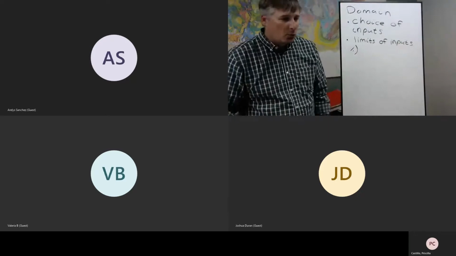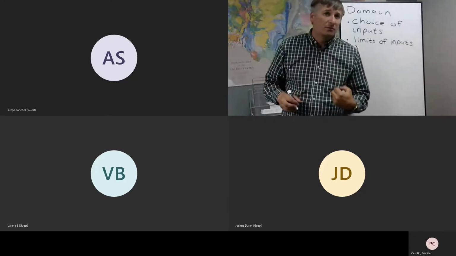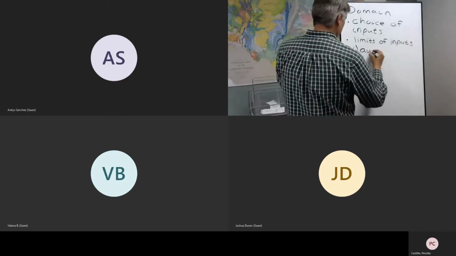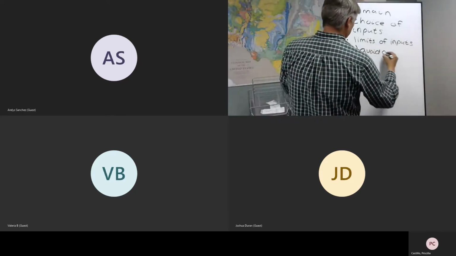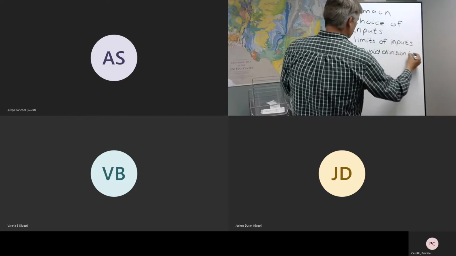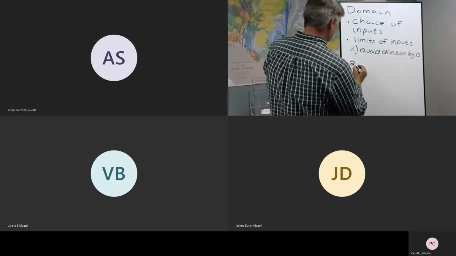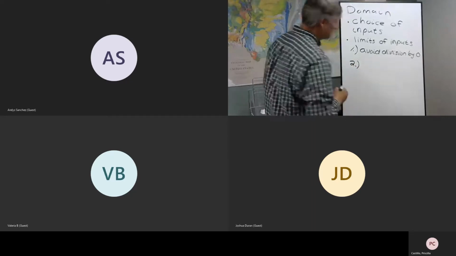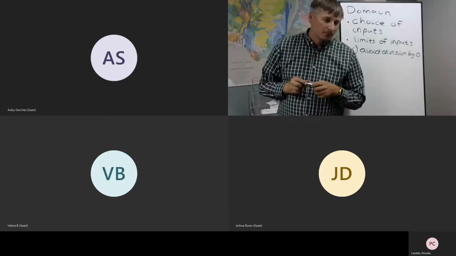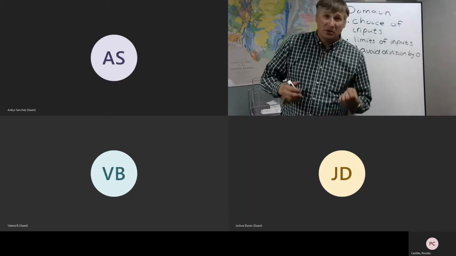Number 1, we don't want to use inputs that cause a division by 0. So we want to avoid division by 0. The other thing we want to avoid, square roots of negative numbers.